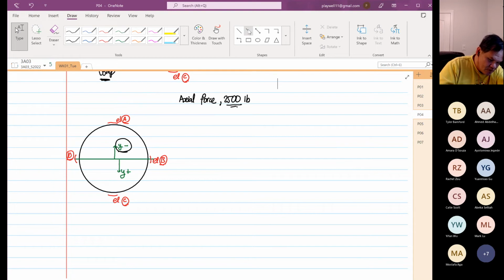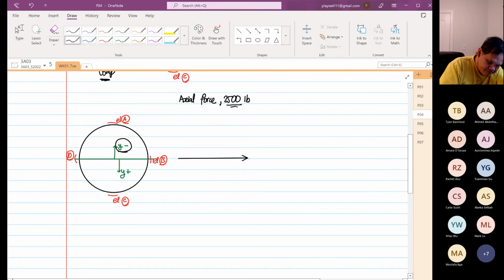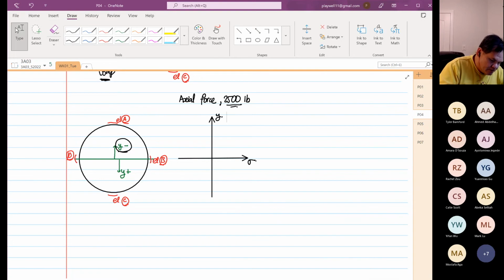So this is my normal stress, and the next one is my y value. And this is my sketch.